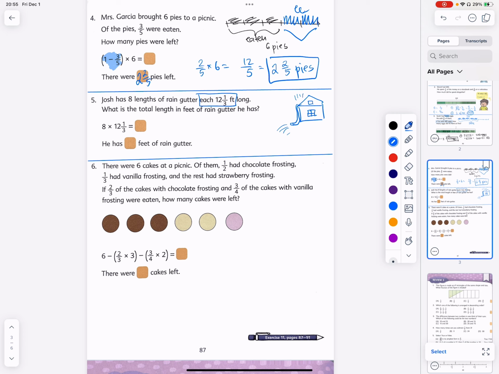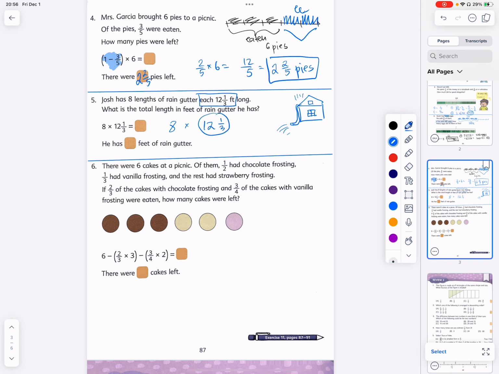Of course, it's multiplication. However, we're multiplying a mixed number, and I would like to use the distributive property. I demonstrated last week. Let's think of 12. I'm going to write it bigger. 8 times 12 1/3.